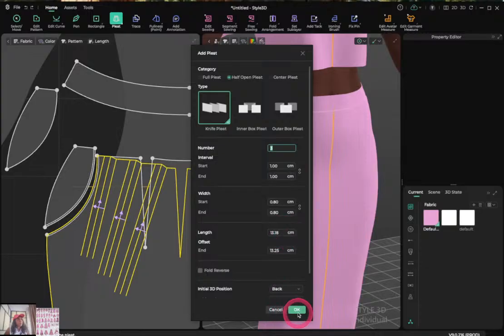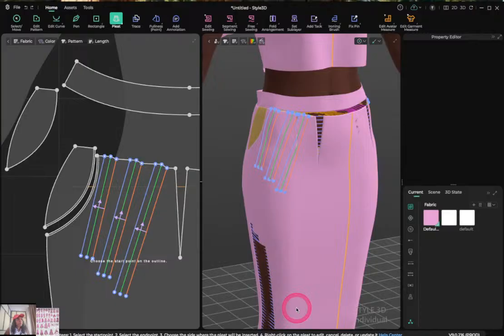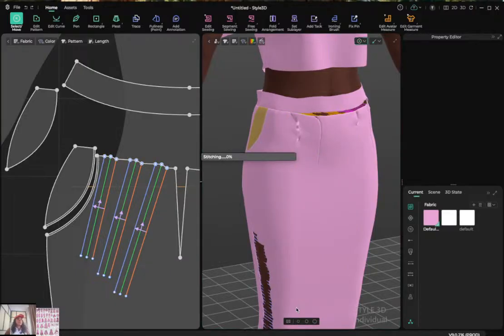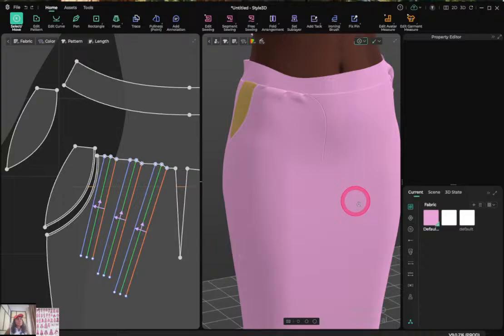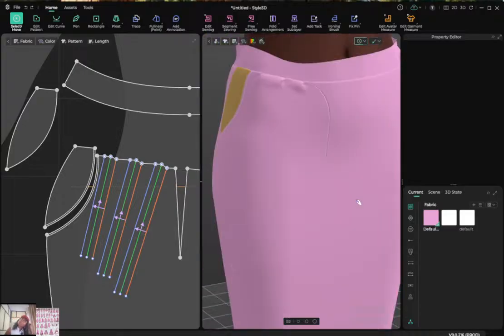Wow. Say okay. I didn't know I could do that. But you see that the pleats are so small, you know?